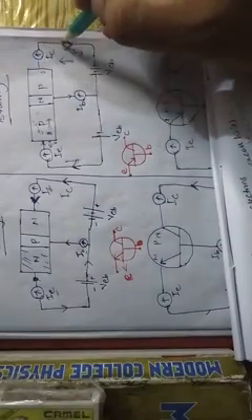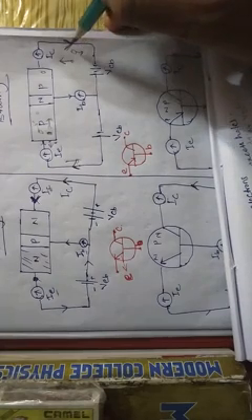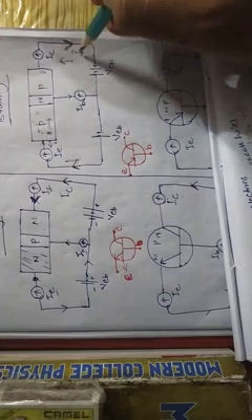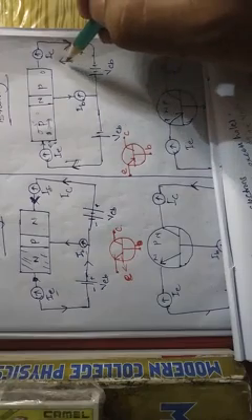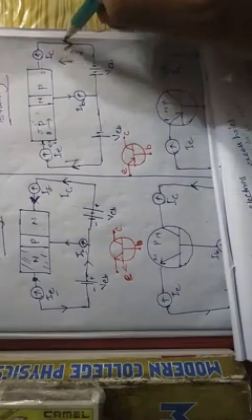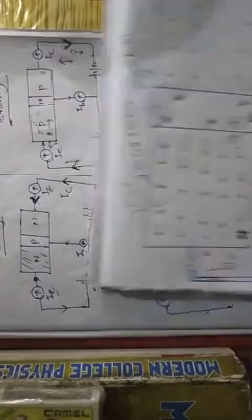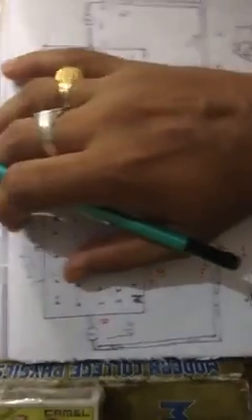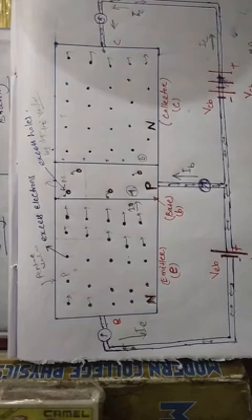Here the hole will be moving this side, current will move this side. Or we consider along which direction the hole is moving, the opposite direction the electron has to move, and opposite to the electron direction the current has to move. In this way you have to draw exactly this type of figure and show me.